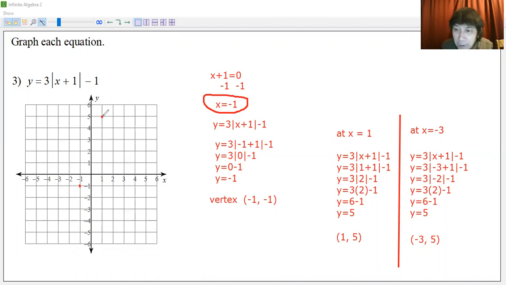And our negative 3, 5 will be up here. There. All right. And so we can now connect these points. This will be our graph. Like this. All right. And this is the required graph.